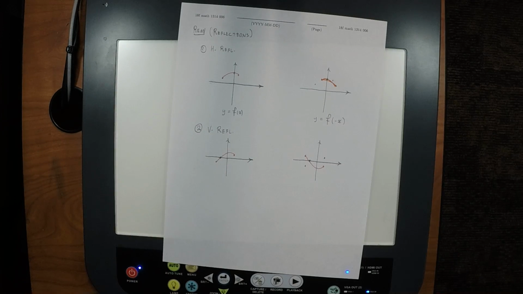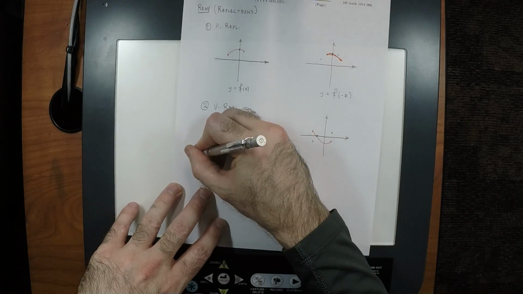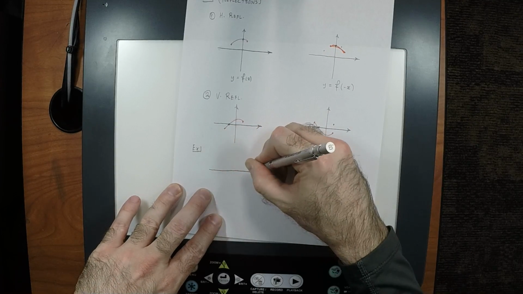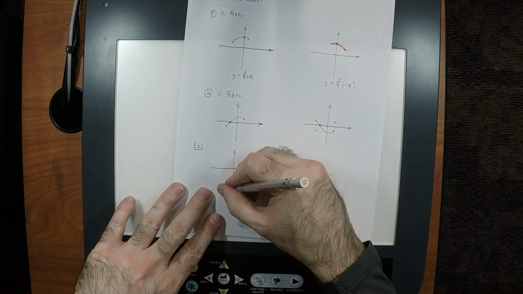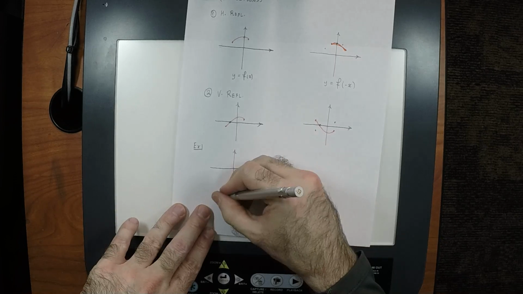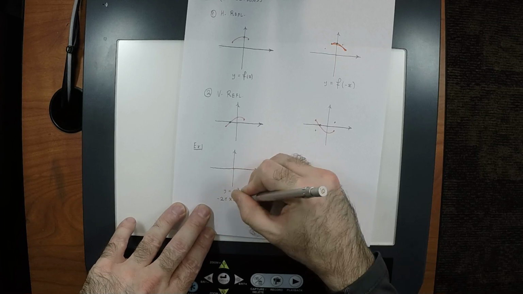Okay, good. So here's a curious thing. Suppose that we have y is x squared, and we do it for -2 less or equal x less or equal 2.